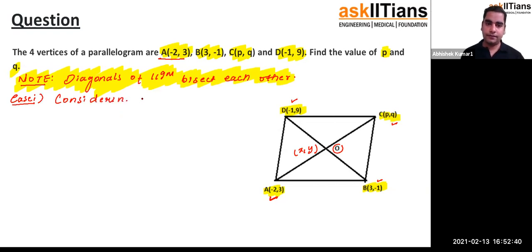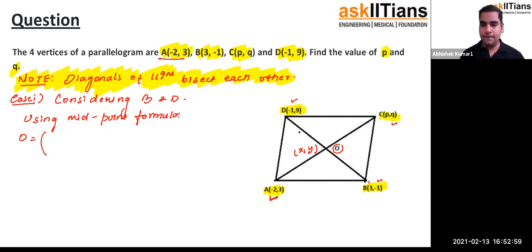If I calculate the coordinates of point O using the midpoint formula, what will I get? The coordinates of point O will be 3 plus minus 1 by 2, so you will have 3 minus 1 by 2 basically, comma minus 1 plus 9 by 2.